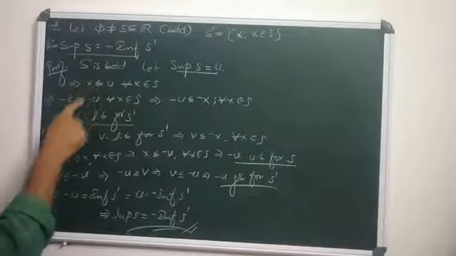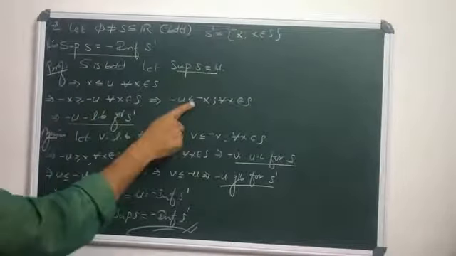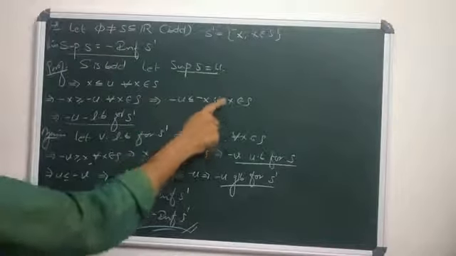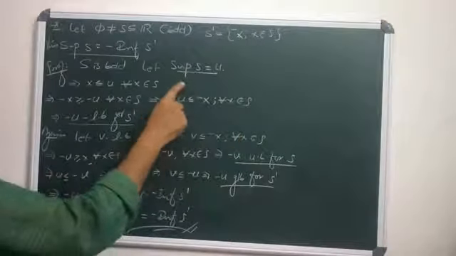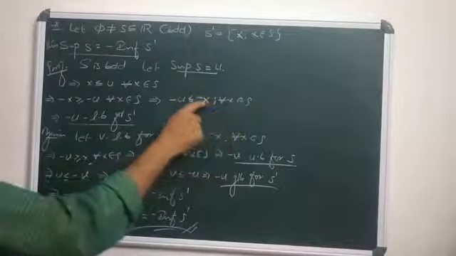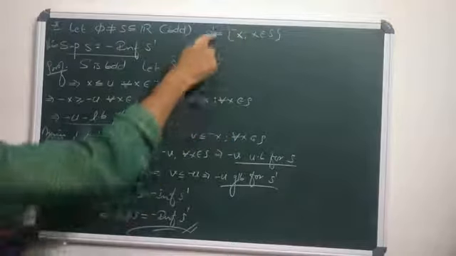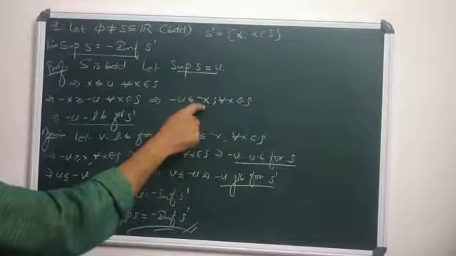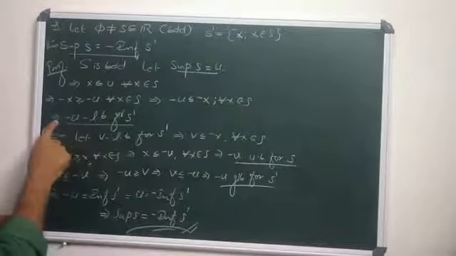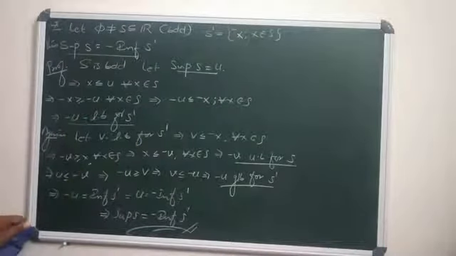Means minus x greater than or equals minus U, that is minus U less than or equals minus x for all x in S. Then minus U is a lower bound for S dash, which is justified by the construction of S dash.